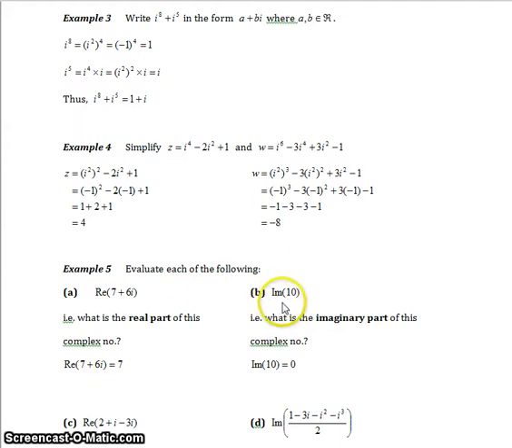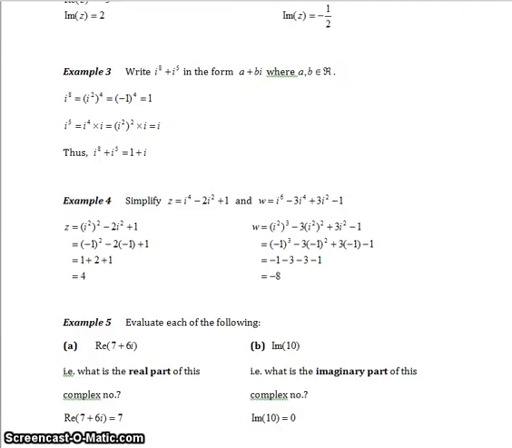Similarly, IM of 10, i.e. what is the imaginary part of this complex number? We can see that IM of 10 is 0 because there's no i part. There's no plus some number times i. It's just our real number 10. So the imaginary part of 10 is 0.